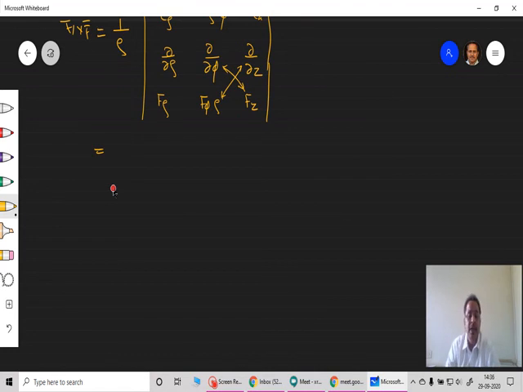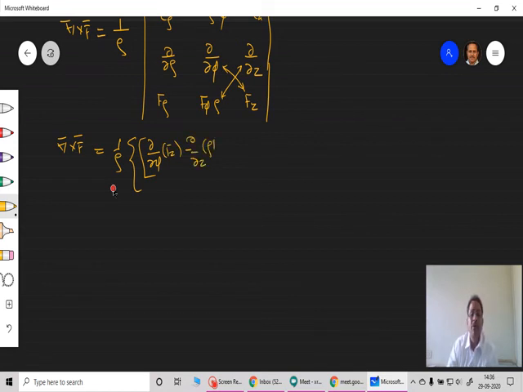So that's what I'll get: del cross F in cylindrical coordinates is given by 1 upon rho, then inside this square bracket it is ∂/∂phi of Fz minus ∂/∂z of rho F phi. This is my first term into e rho cap.